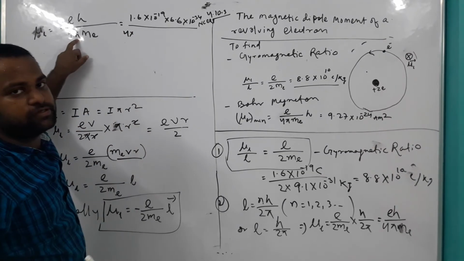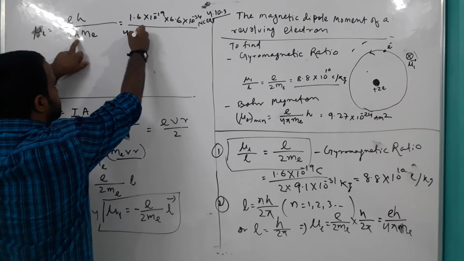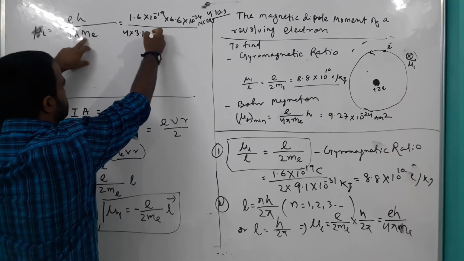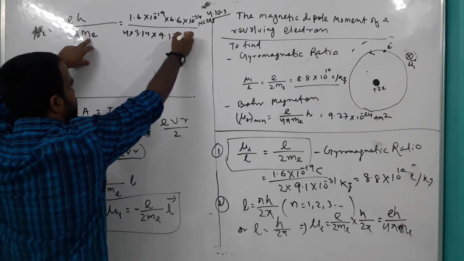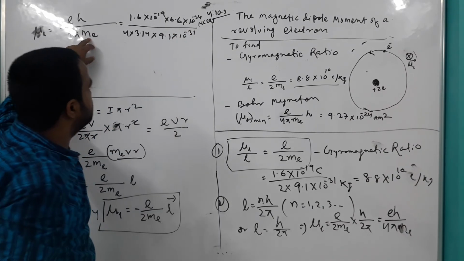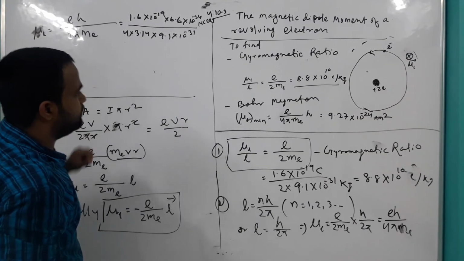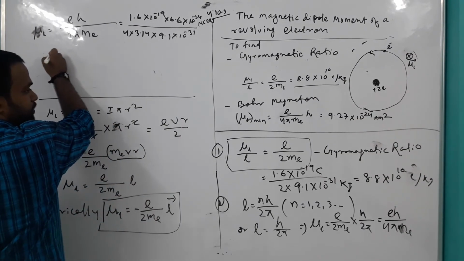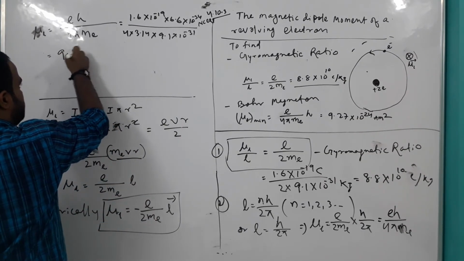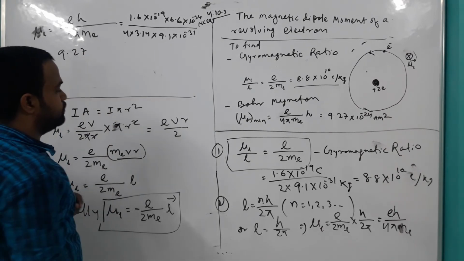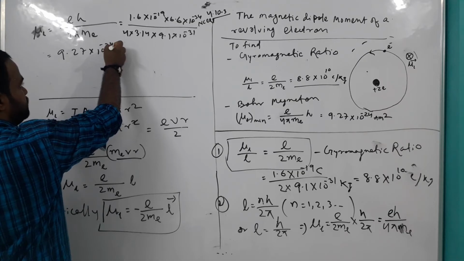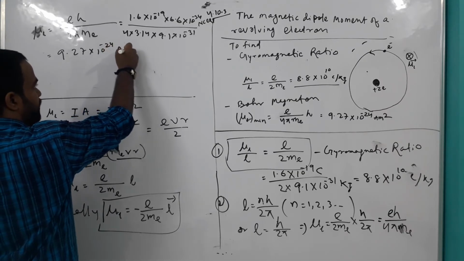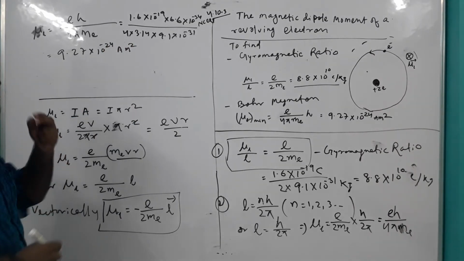Pi has no unit. Its value is 3.14. It's a constant. Mass of electron is 9.1 into 10 to the power minus 31. So putting all the values, you will get a number, 9.27 into 10 to the power minus 24 ampere meter square.